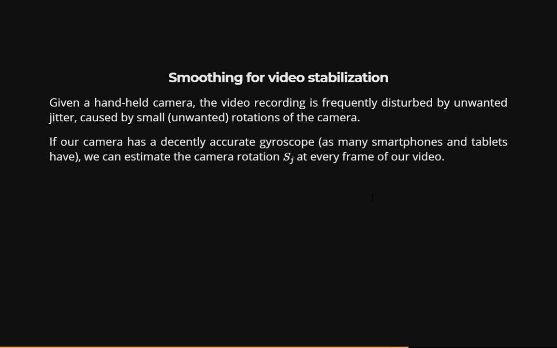If your camera has a gyroscope, and almost every smartphone or tablet does, you can estimate the relative rotations between positions. So at every frame, you have a rotation from the preceding frame.